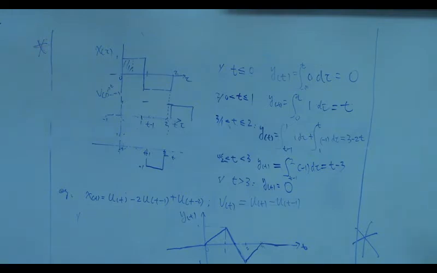Why is it important? Because if we have an LTI system and we know the impulse response of the system, you give me any input x(t). What is the output? The output is just the input convolved with the impulse response. That's it.